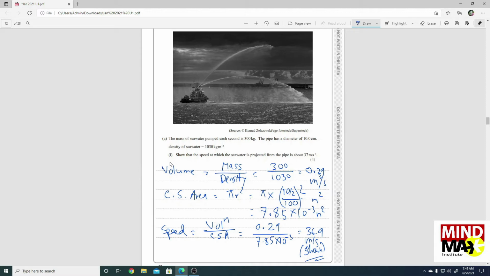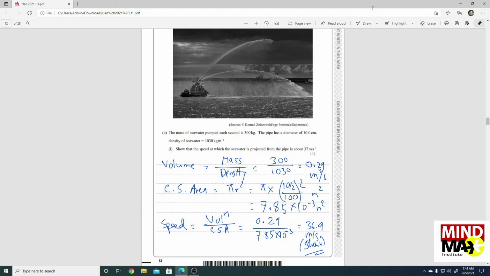So volume, if you divide the volume by the cross-sectional area, what do we know? Let me just write it over here, volume is actually what? Volume is cross-sectional area multiplied by length. So if I say I find the length, it is volume divided by cross-sectional area. So this would give me the length.